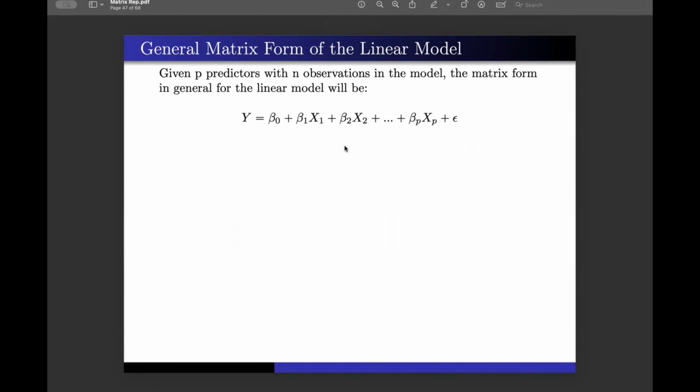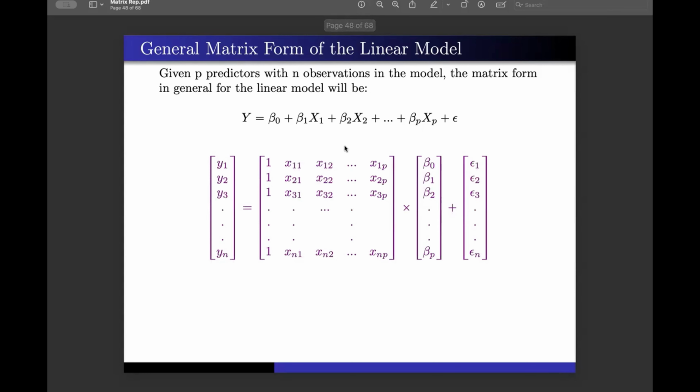Let's generalize this. Say we have p predictors and n observations in the model. The matrix form in general for the linear model would look like this. Since we have n observations, we would have n different values of each independent variable. We have p predictors, so we would have x1, x2, x3, and so on, that would represent the p columns of the x matrix. But then we have a beta naught.